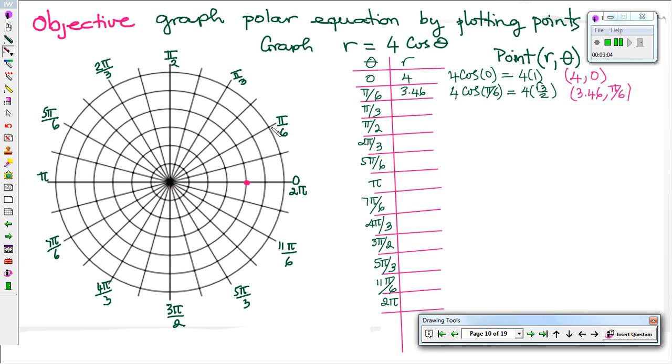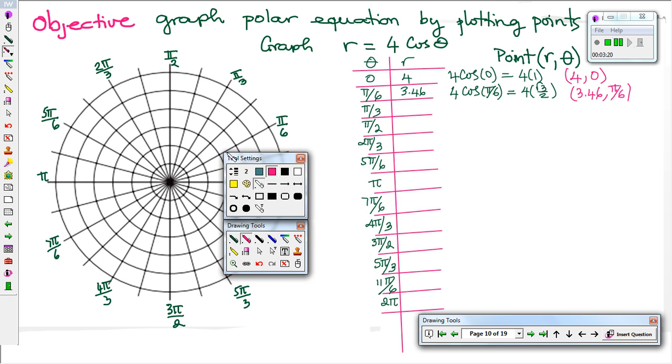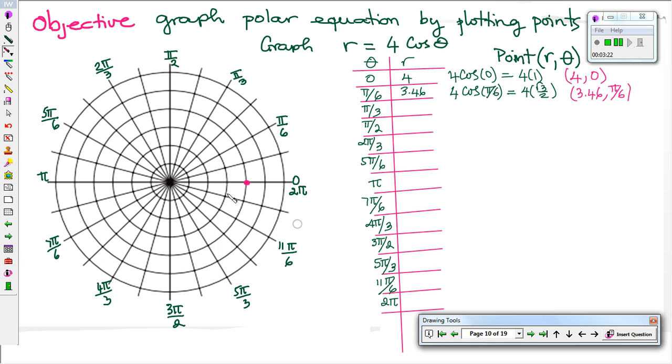I'm looking for pi over 6 and counting from the pole: 0, 1, 2, 3. This is the 4, but it's only 3.46, not even 3.5. So let's count one more time: 1, 2, 3. So 3.46. So this will be our point number 2.